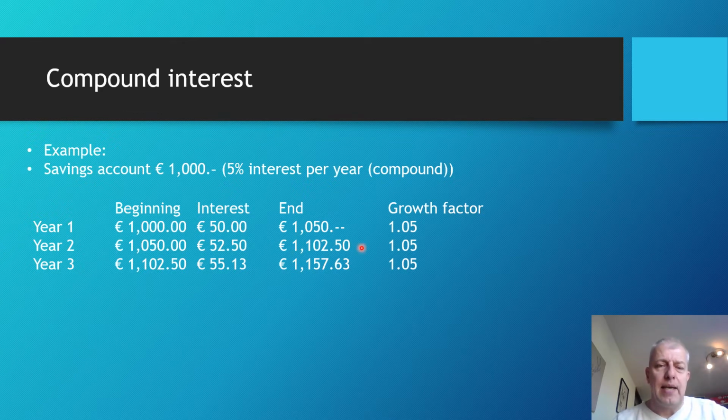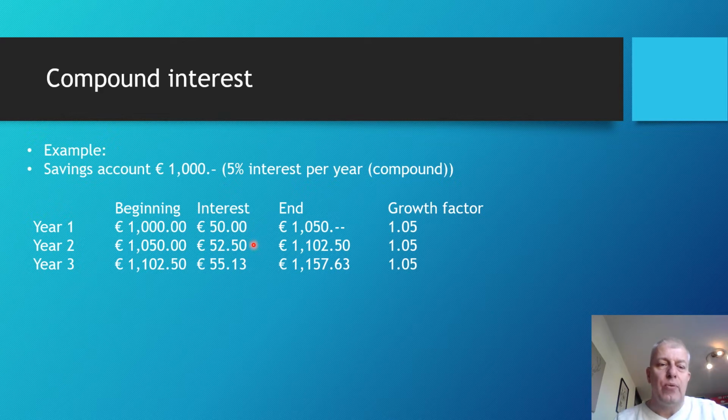I leave that in my account as well. So in the third year, I start with 1,102 euros 50, and the interest, 5%, is 55.13. So at the end, I've got an amount of 1,157.63.